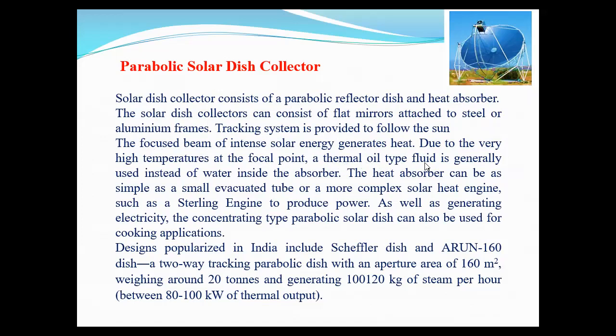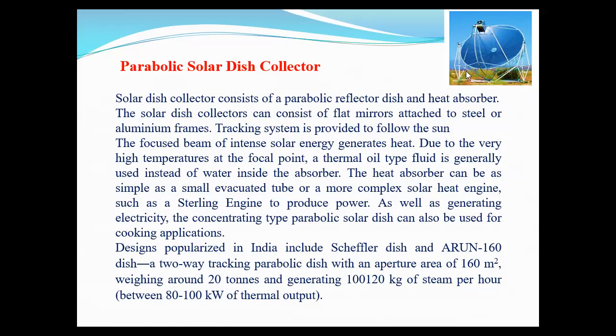A thermal oil type fluid is generally used instead of water inside the absorber. The heat absorber can be as simple as a small air-coated tube or a more complex solar heat engine, such as a Stirling engine, which can also be directly used there to produce electricity instead of heating the oil at the focal point.